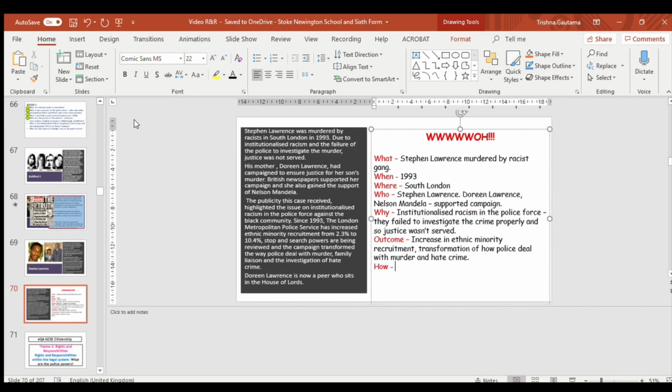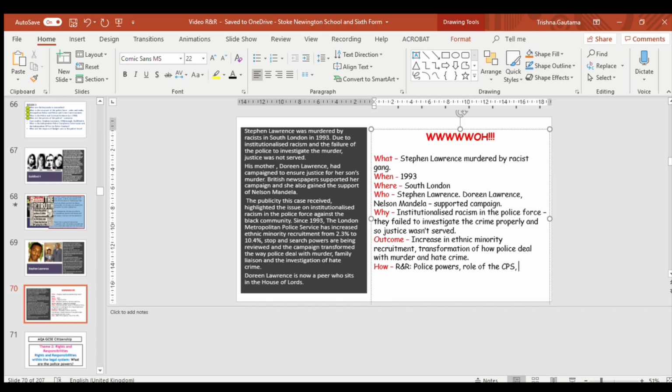And to answer the question how, I think you should be exploring how you will link this case study to different topics in citizenship. So for example, you could link the Stephen Lawrence case study to rights and responsibilities, police powers, and the role of the CPS, as the Crown Prosecution Service did not have enough evidence to charge any of the attackers who murdered Stephen Lawrence because the police did not investigate the crime and therefore evidence was not properly gathered.